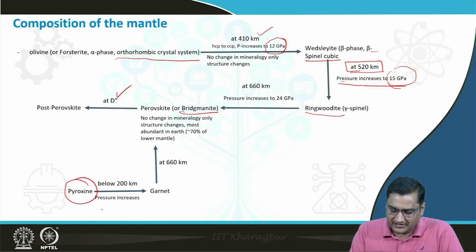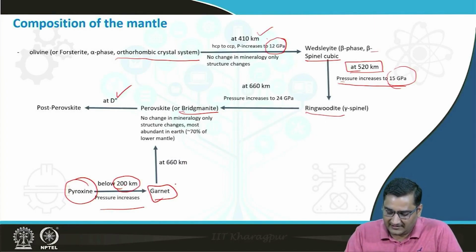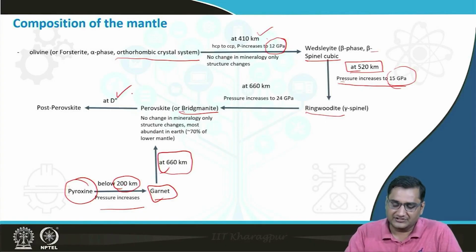As the pressure increases, at around 1200 kilometer depth, it changes to garnet. Then garnet, as you keep increasing the pressure at around the 660 kilometer discontinuity, changes to perovskite, and then perovskite changes to post perovskite.